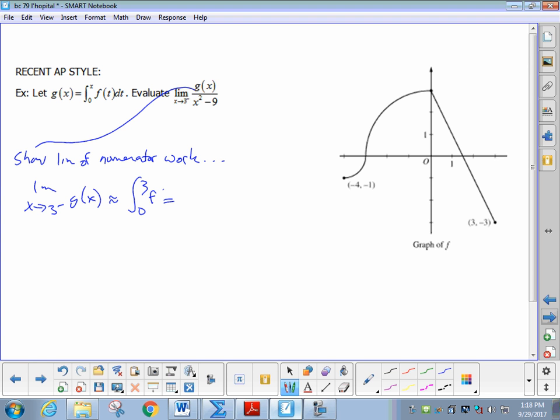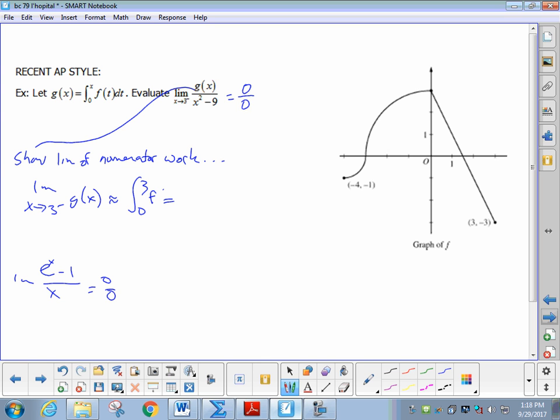Okay, so this is where I talked to Mrs. Law, who's a grader, and she said the way they graded this, the way I taught this last year, probably would have lost points. I stressed that you have to show this as indeterminate. On a case like this, it doesn't require a lot of work to be shown.